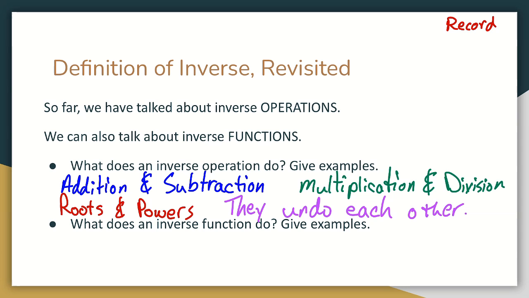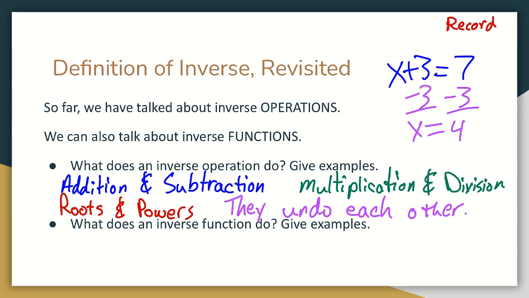If we had x plus 3 equals 7, and I know this is super easy, you see it's 4. So we're adding 3 to our unknown value x. To undo this operation of addition, we use subtraction, because we make a 0 right there. They undo each other. Okay, so we have x equals 4. So that's what I mean by undoing each other, right?